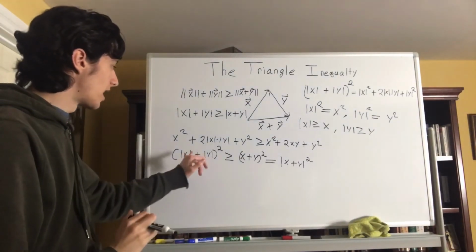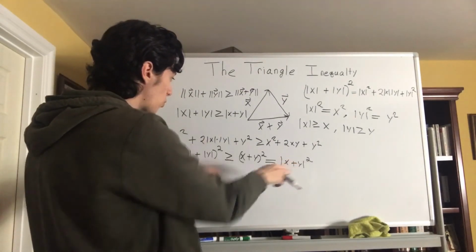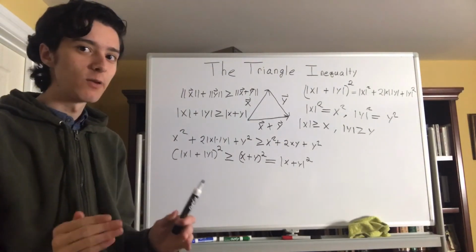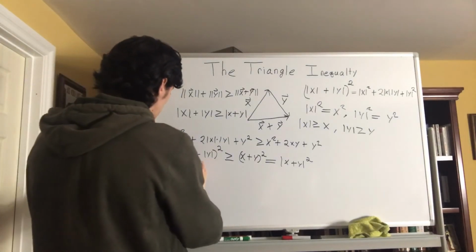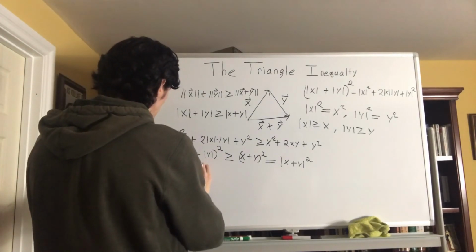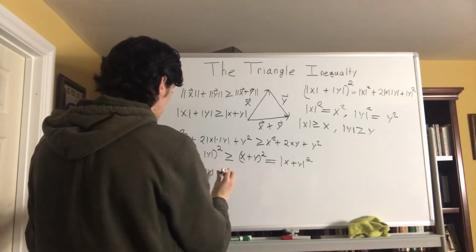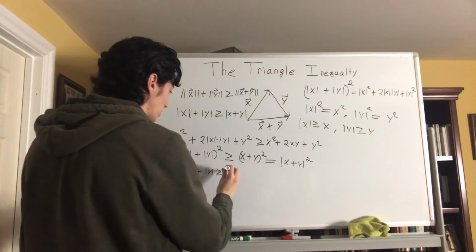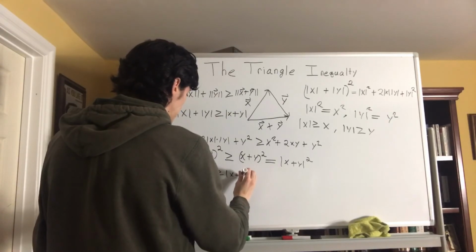We have two positive numbers, they're squared. And so because of this, we're allowed to take the square root of both sides. And we would get the absolute value of x plus the absolute value of y is greater than or equal to the absolute value of x plus y.